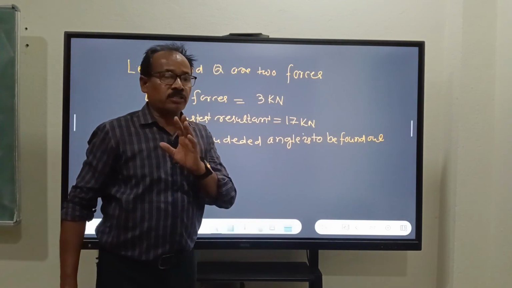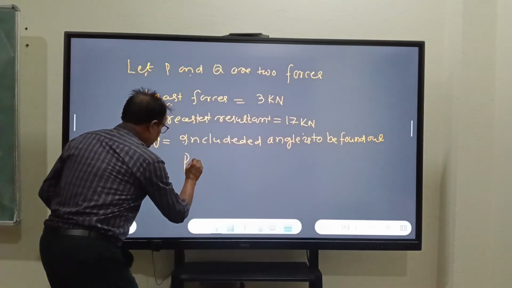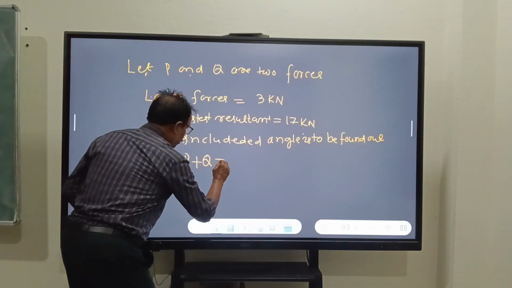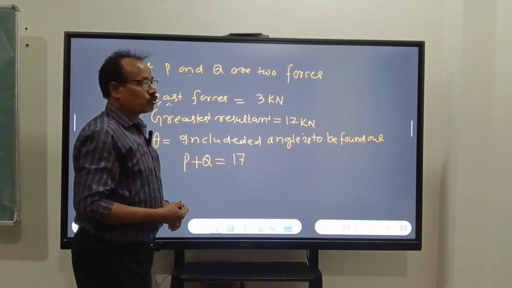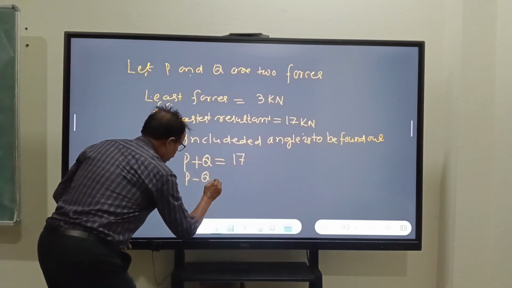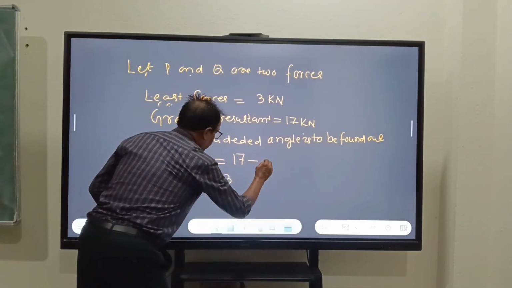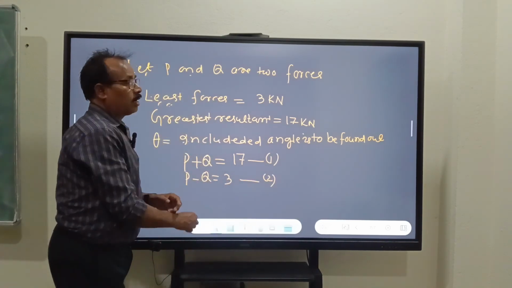Now, according to the question, greatest force means P plus Q, so P plus Q is equal to 17. Least resultant force means P minus Q is equal to 3. This is equation 1, and this is equation 2.